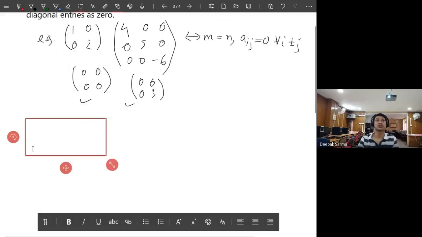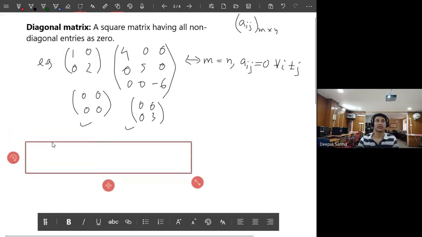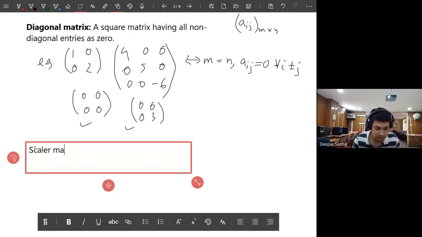Otherwise, I am going to define another matrix. I am going to define the scalar matrix. What is that? That is also a diagonal matrix having all diagonal entries equal.